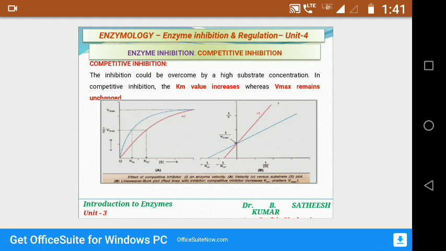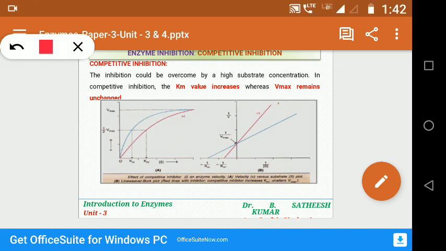When we study the kinetics of competitive inhibition, we find that the Km value increases. The Km value of the enzyme increases in the presence of inhibitor, but the Vmax remains unchanged. Km is a property of the active site.